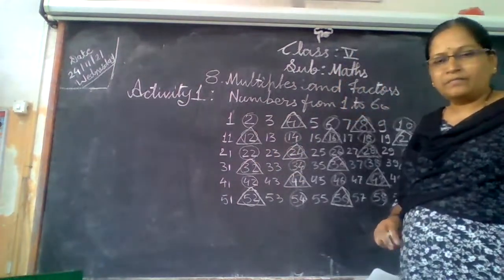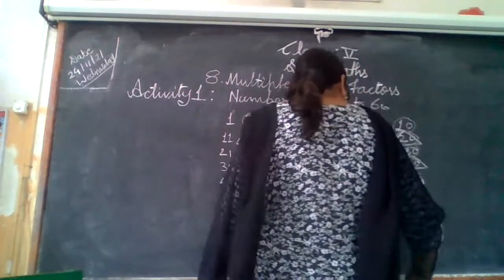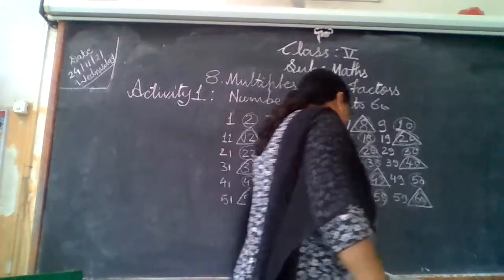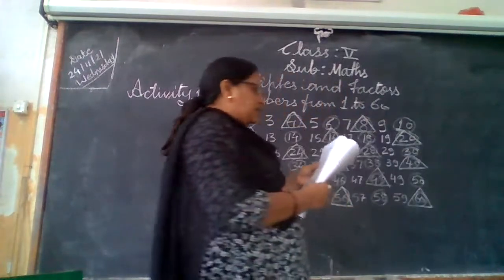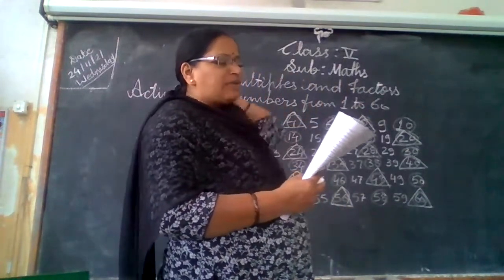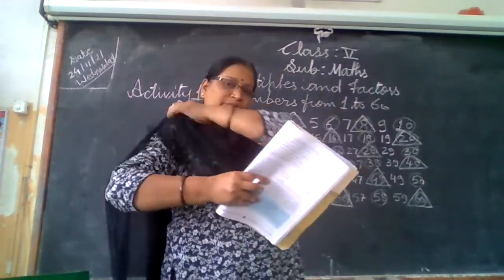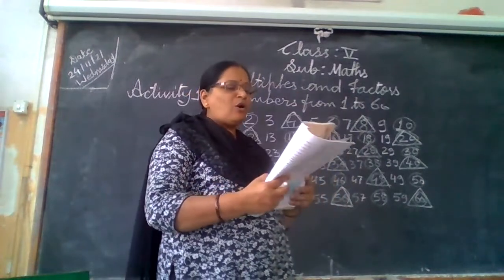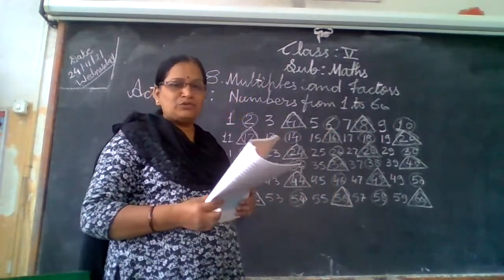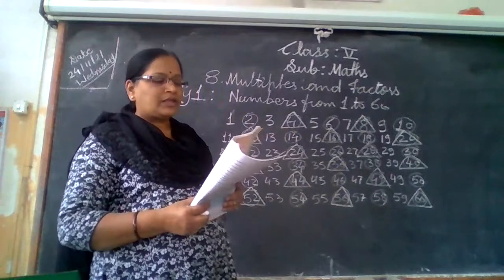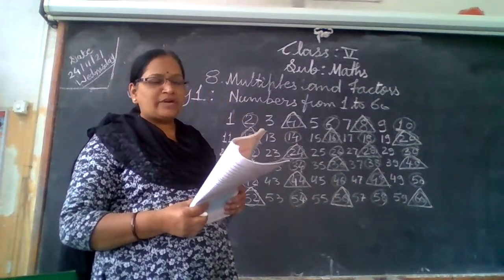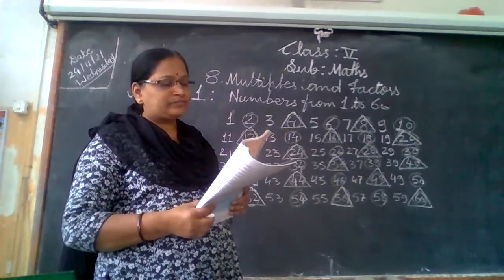No. So what is the answer to this question? No, not all numbers with a blue circle also have red circles around them.